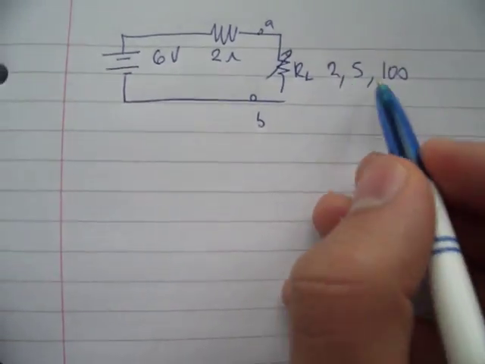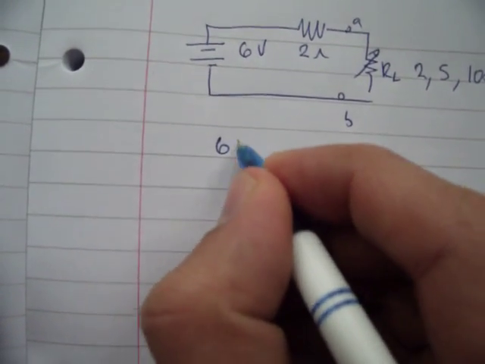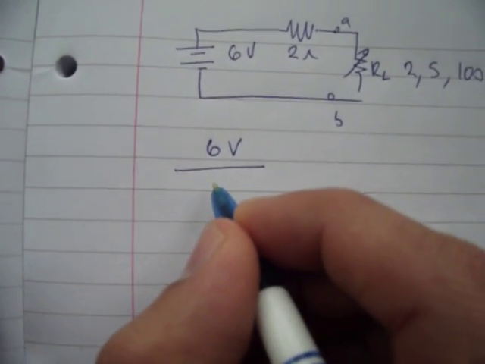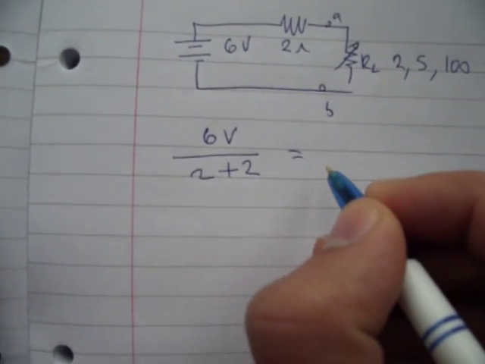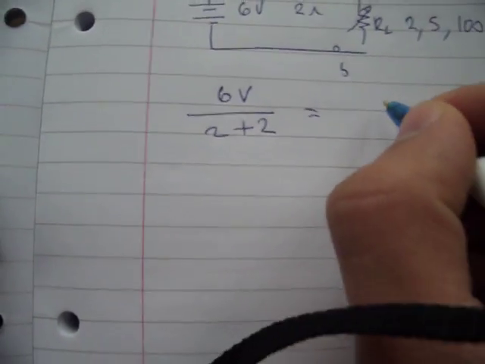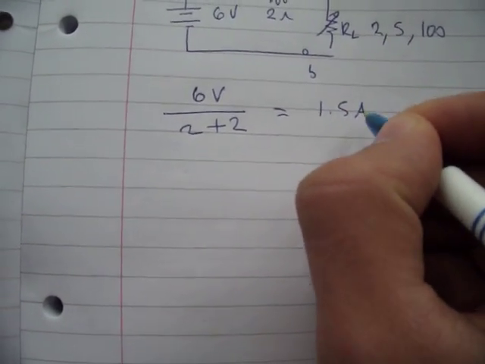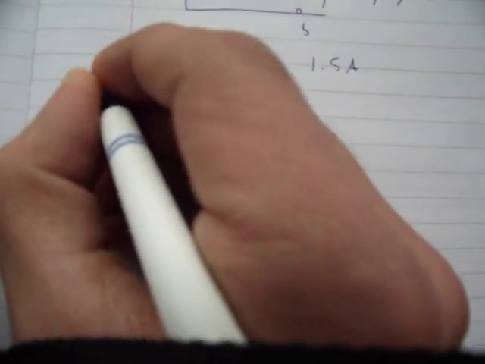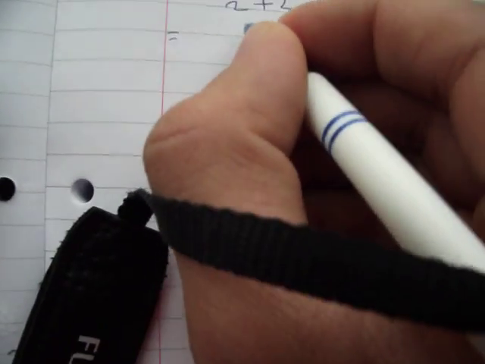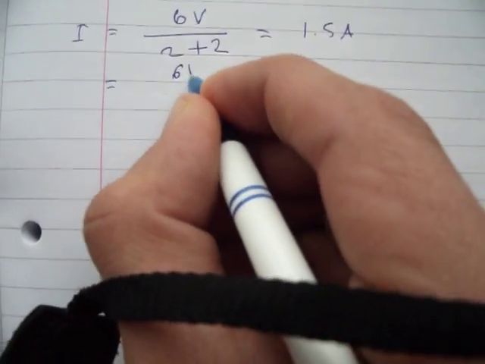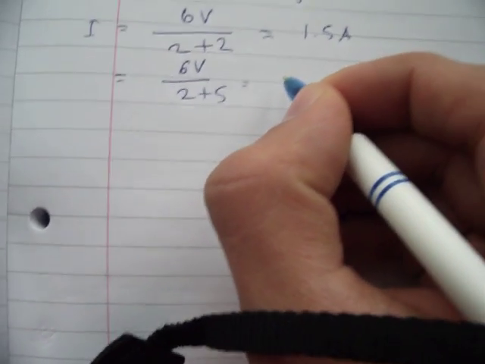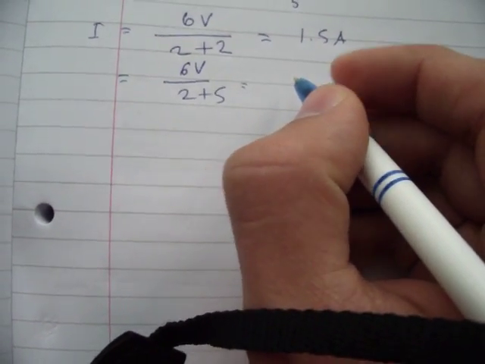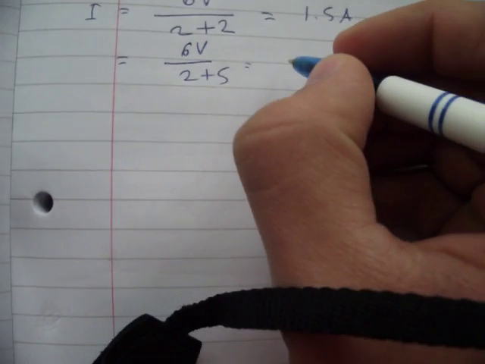You do 6 volts over 2 plus 2, and what you get is 1.5 amps if you type it on the calculator. So what you do is 6 volts over 2 plus 5, which is equal to, it was 5 or 10, I think it was 10, but let's do it for 5.